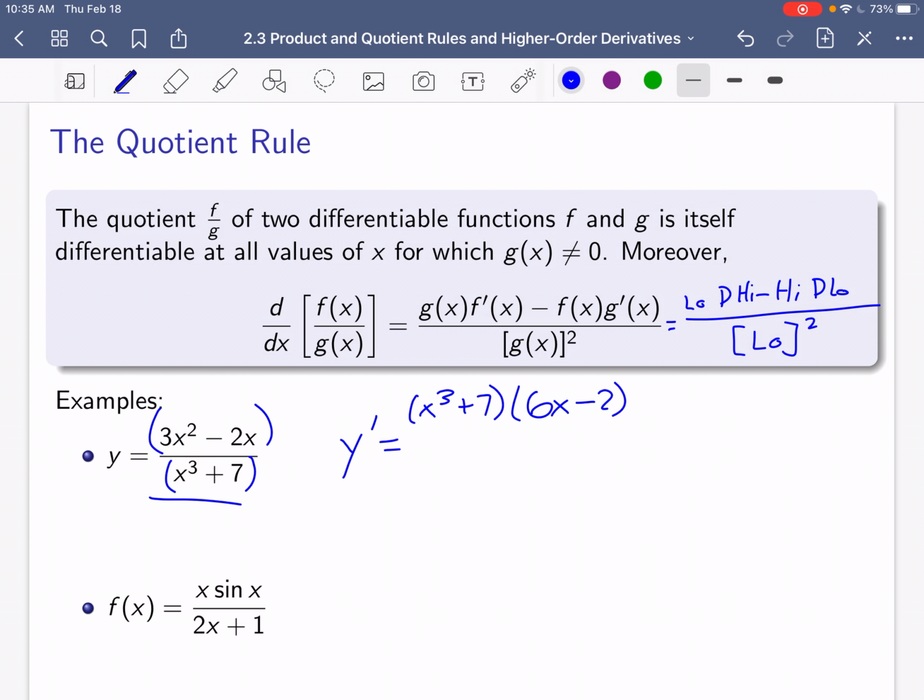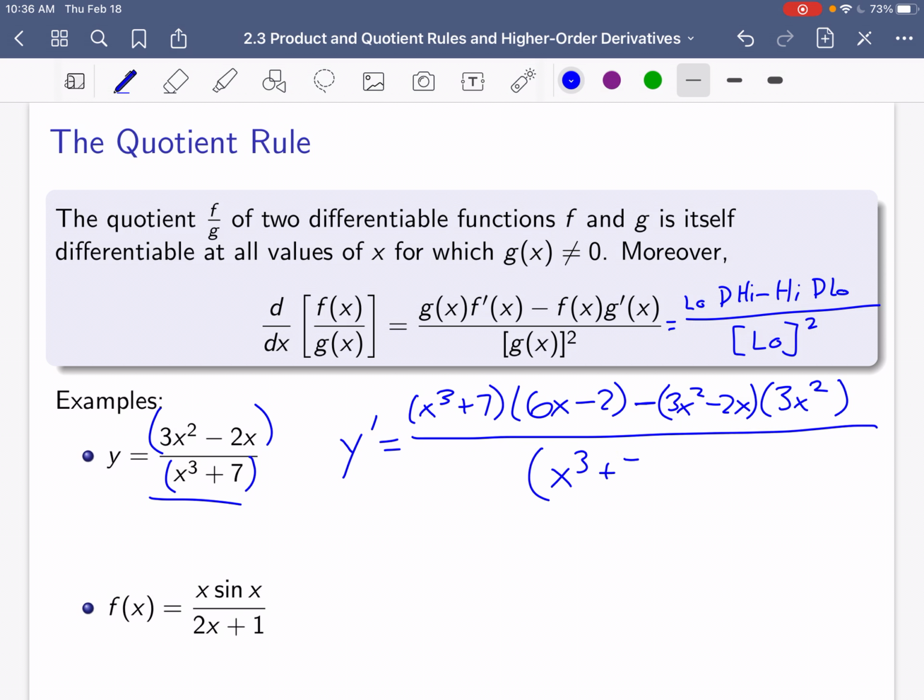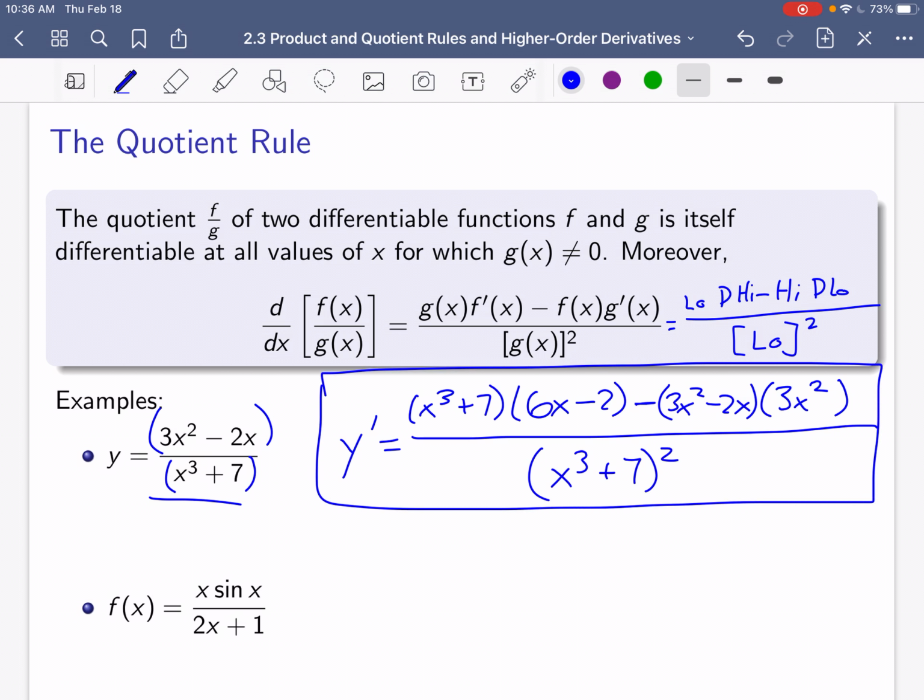So low d high minus high, the top function unchanged, times d low, the derivative of the bottom. The derivative of the bottom is 3x squared plus 0, so I'll just leave it as 3x squared, all over the bottom function squared.